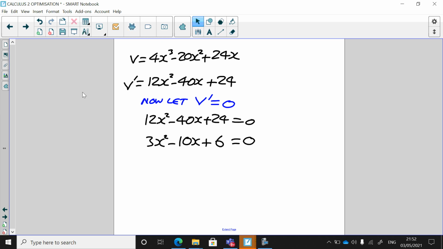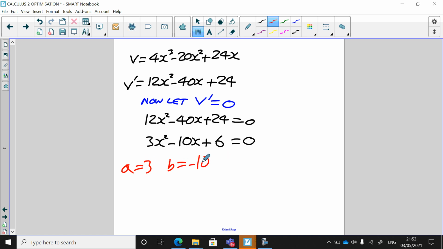So can you see what I'm talking about? The quadratic formula with the A, the B, and the C. A is 3, B is -10, and C is 6.